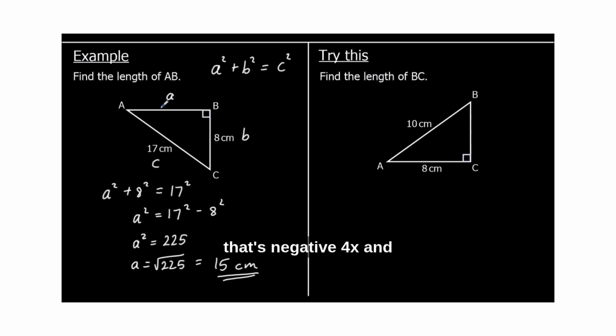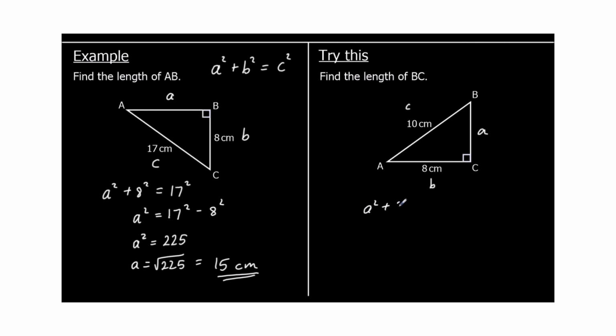Okay, one for you to try here. Find the length BC. So we're going to use Pythagoras' theorem again. We know that the two shortest sides squared and added together equal the longest side squared. So a squared plus b squared equals c squared.